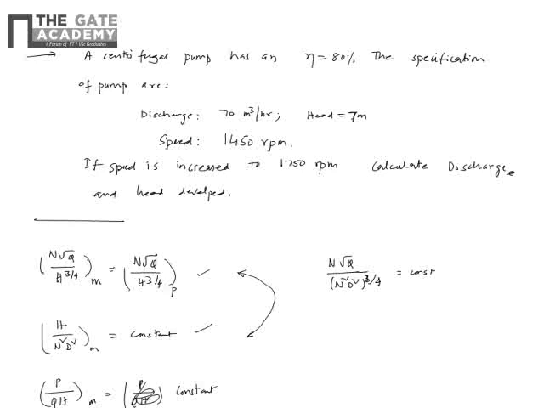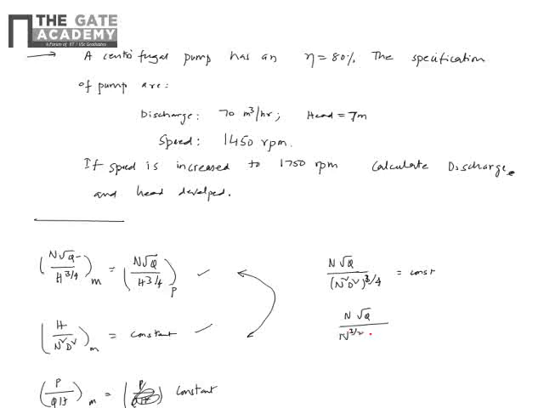As speed is changing, Q and H will also change. So I'll just express H as some constant times N² D². So finally, what does this become? Root Q, N² to the 3/2.